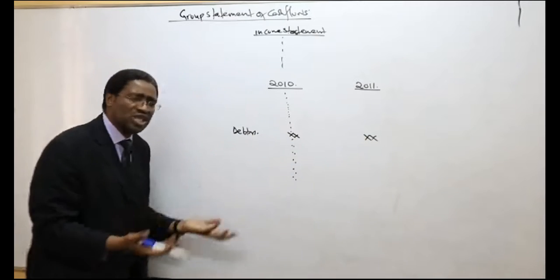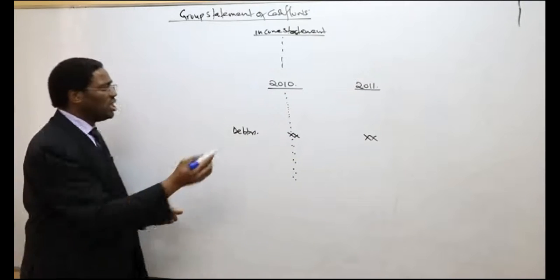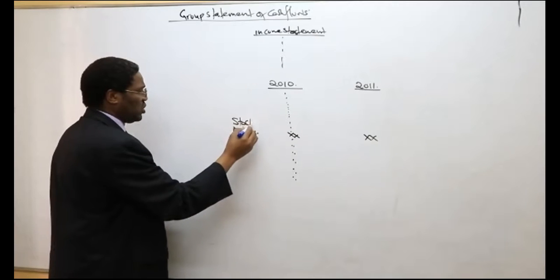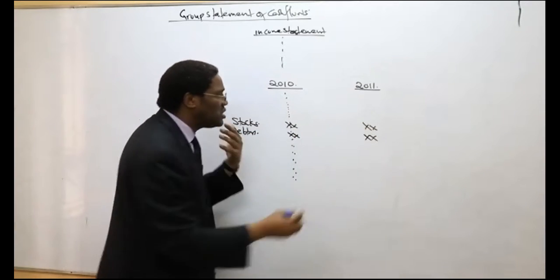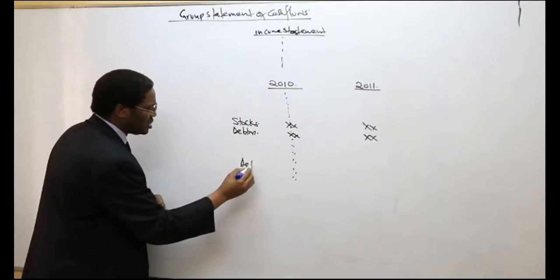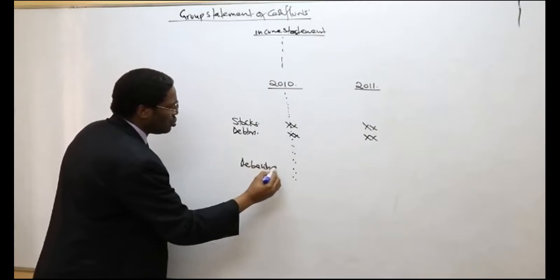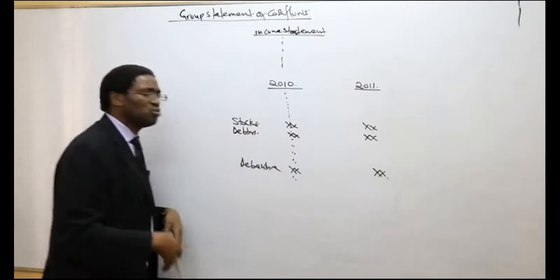Of course, you need to know whether there was an increase or decrease in debtors. If you are analyzing the stocks, you want to know, was there an increase or decrease in stocks? If you're analyzing the debentures, for example, you want to know, could we have repaid our debentures or could we have issued more debentures?